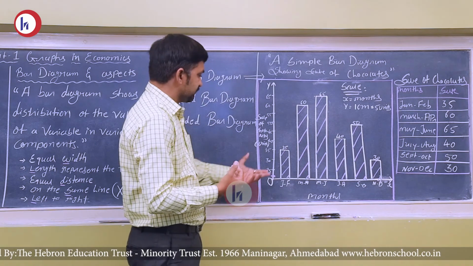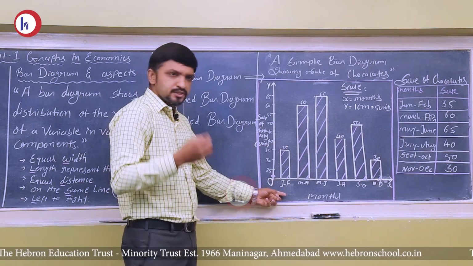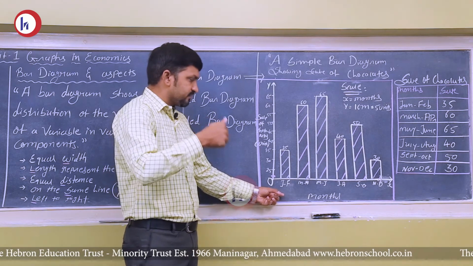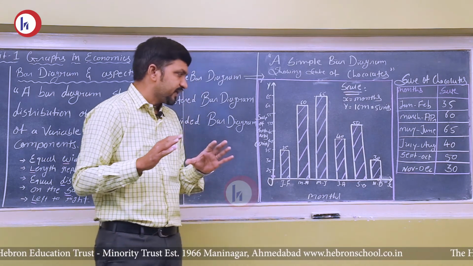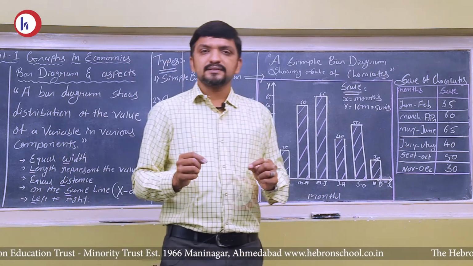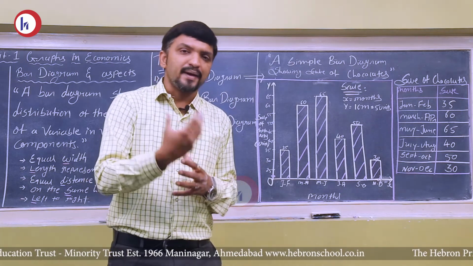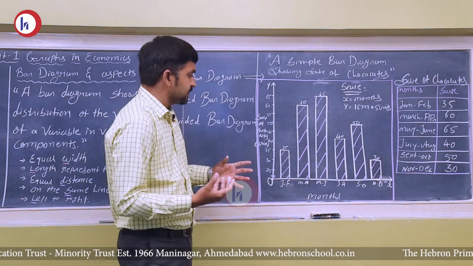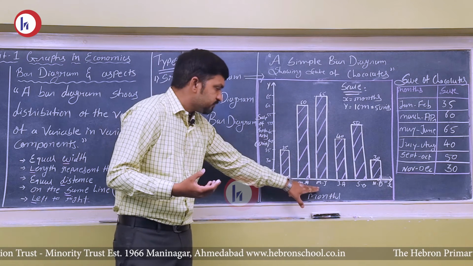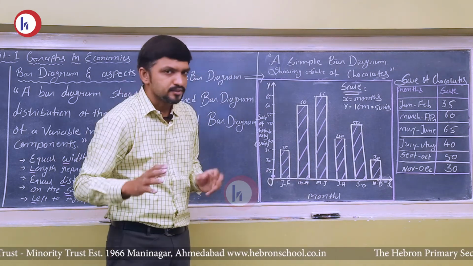Let me start with the first one itself, that the sale of chocolates during the month of January and February was 35 units. Now see, in analysis, you need to compare. There must be a comparison. So here we can see that during the month of May and June, the sale of chocolates was highest.